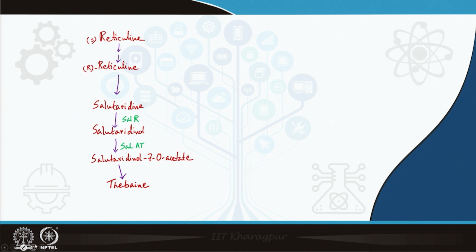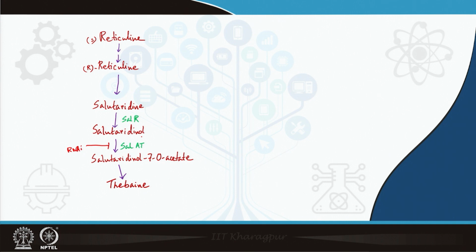One particularly interesting case I would like to discuss here is that one group of scientists tried to block this step using the RNAi approach. Their aim was that if you block salutaridinol acetyltransferase, then acetate formation will be suppressed, leading to the accumulation of salutaridinol.